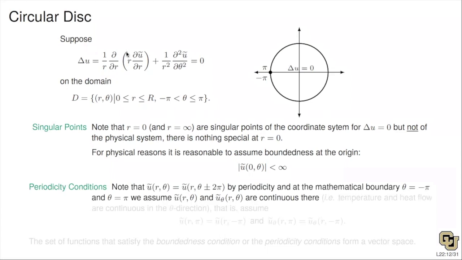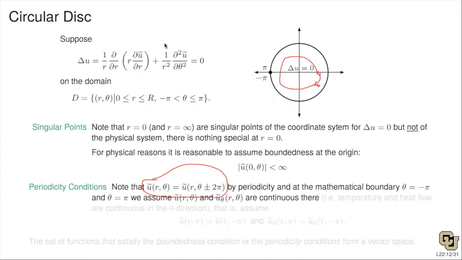Okay, anyway, so periodicity conditions. Due to the geometry, this is going to be a true fact here. So first of all, let's fix some r, say r sub 0. Now if you just let theta vary for the fixed r, we get a circle like this.